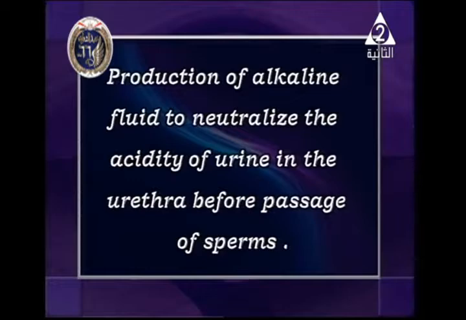So we need something to neutralize the acidity of the urethra. This is the function of the two glands, Cooper's and the prostate gland, to produce alkaline fluid that neutralizes the acidity of the urine in the urethra, or urinogenital opening, before passage of the sperms.